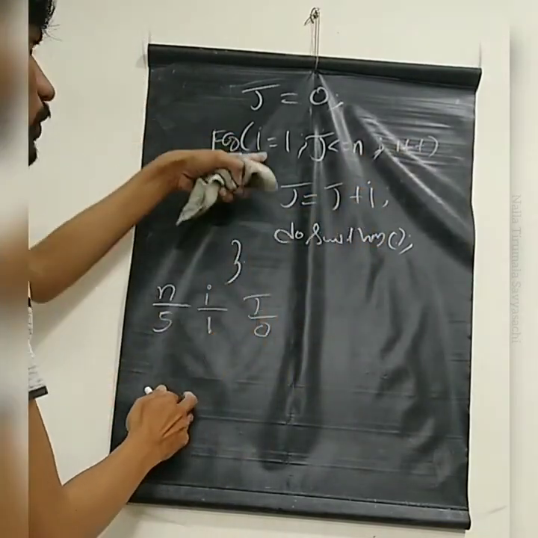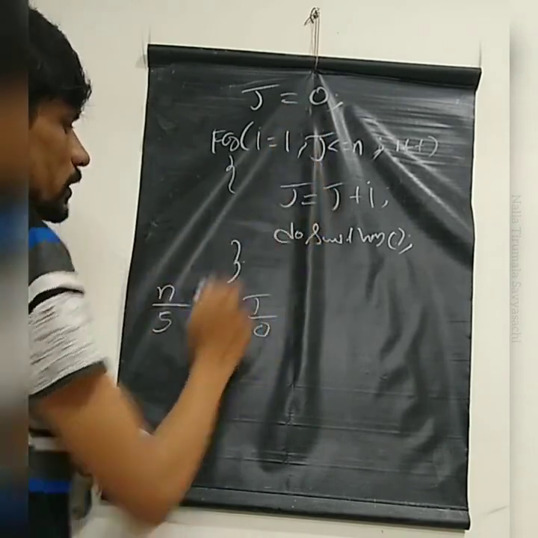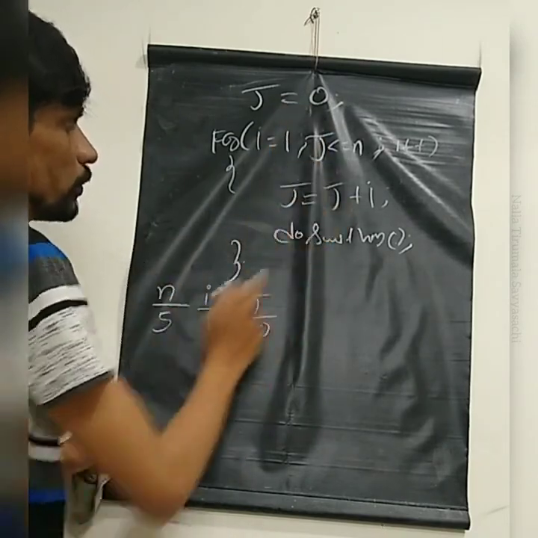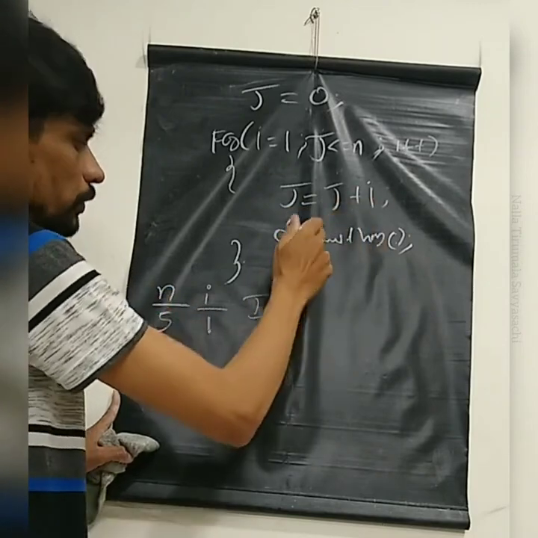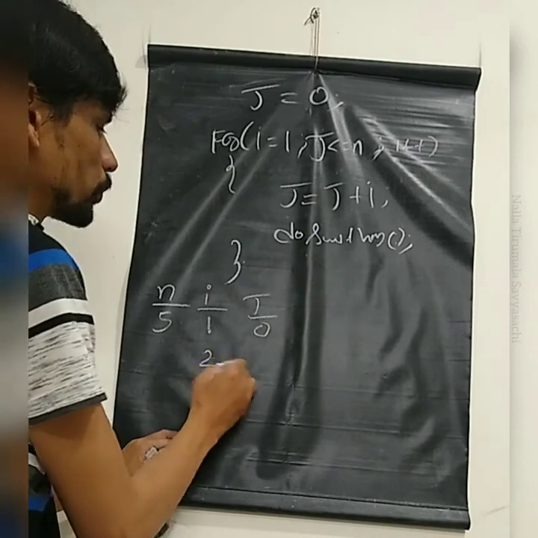So what will happen? First i is 1, j is 0. So j is 0, which is less than 5, so this statement will execute. What will happen next? i will become 2.